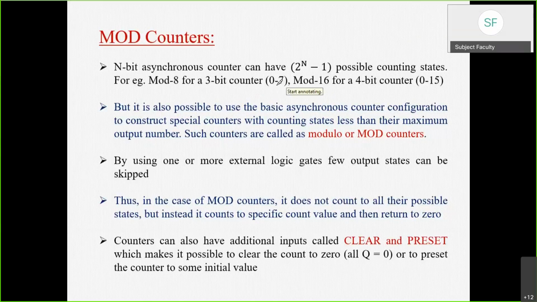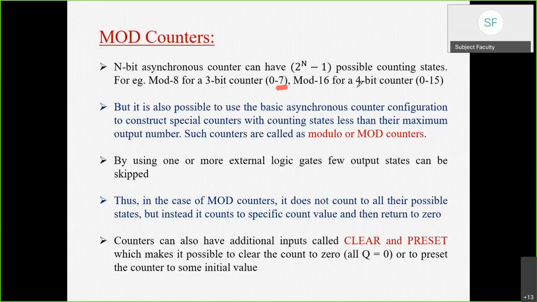So the number of counts is 8, but the maximum count is 7. If you observe the counts, from 0, 1, 2, 3, 4, 5, 6, 7, these counts are nothing but 8. So the maximum count here is 7. 2 raised to power 3 is 8, minus 1 is 7.